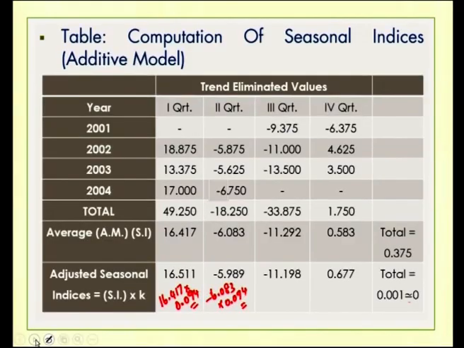Next, moving averages are calculated and centered and written according to the corresponding year, so that the original data divided by trend values gives you seasonal index values, and that is how the seasonal index was calculated by ratio to moving average.